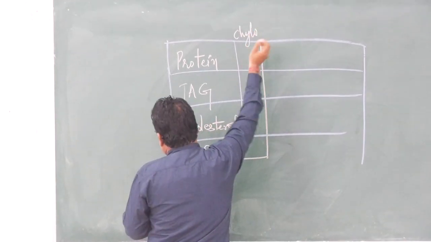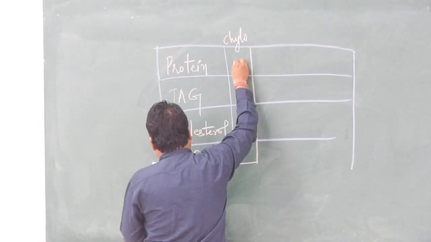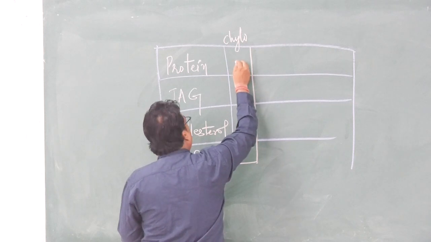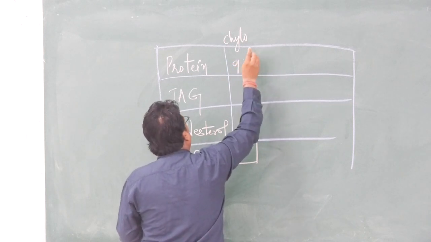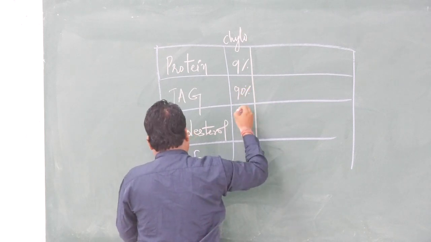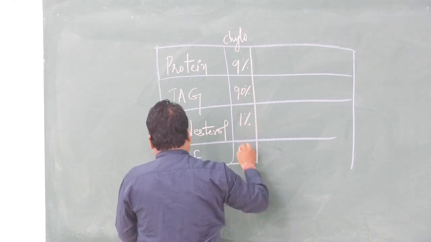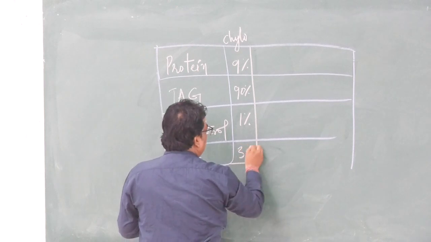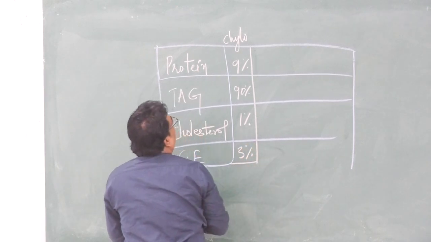In chylomicron, the percentage of protein is 9%, triglyceride is 90%, cholesterol is 1%, and cholesterol ester is 3%.